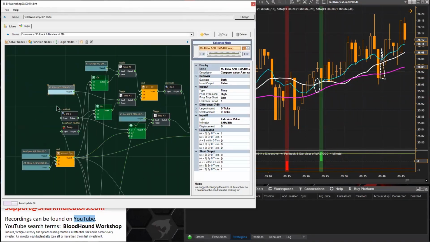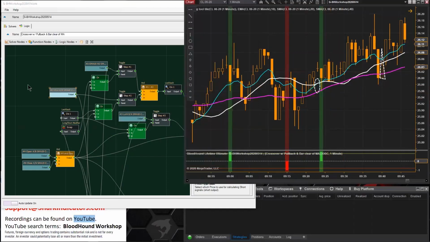We're going to add another comparison solver to make sure that step number 2 is truly a touch. We're not gonna take a shortcut by just checking the high of the bar or the low of the bar and making sure it's on one side of the moving average, because that's not a true touch.